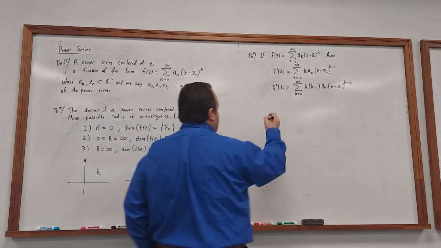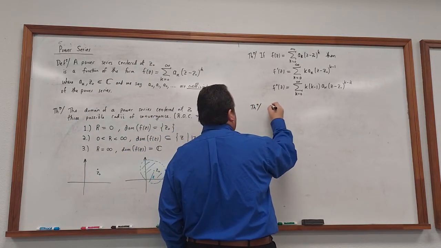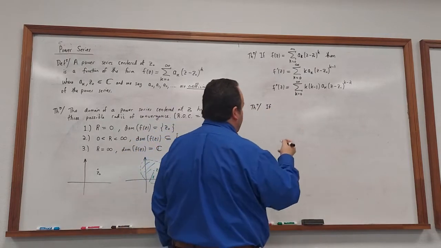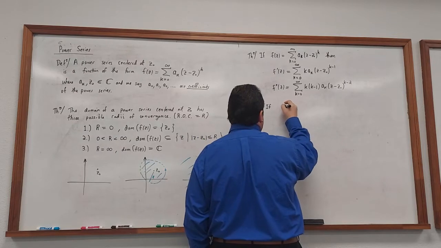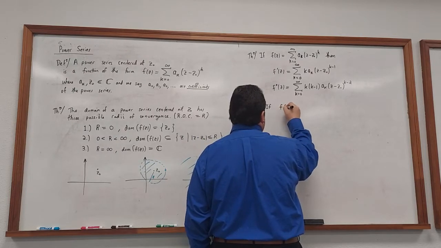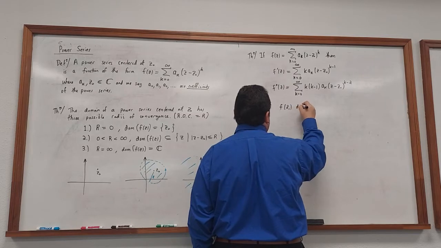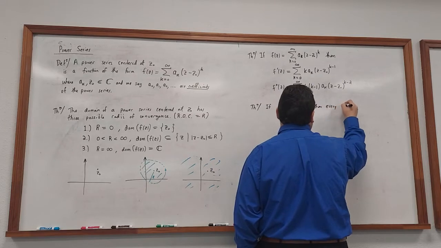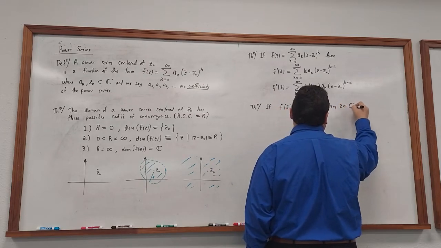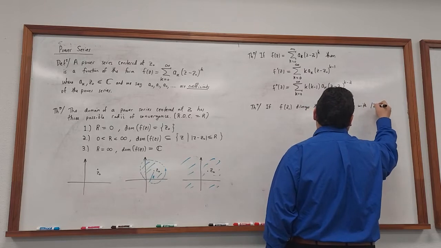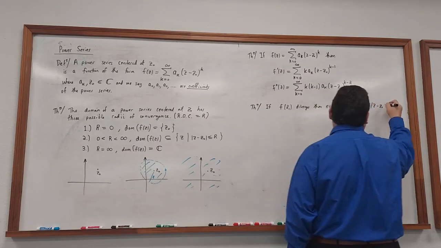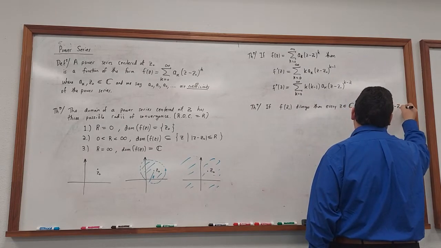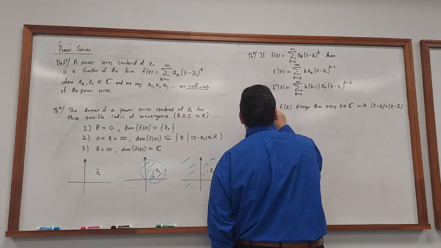Another theorem which is useful, and a close cousin, by the way, to my domain theorem, is that if f of z1 diverges, then every z in the complex plane with modulus of z minus z naught greater than the modulus of z1 minus z naught likewise diverges.